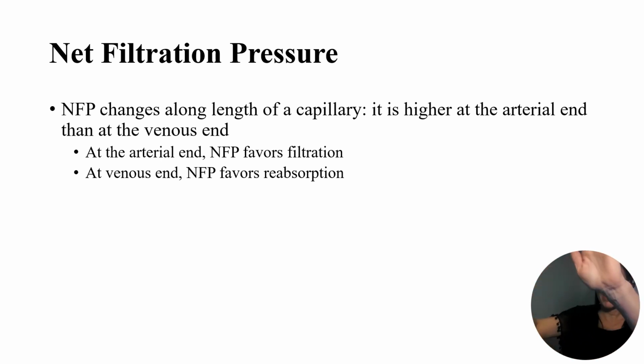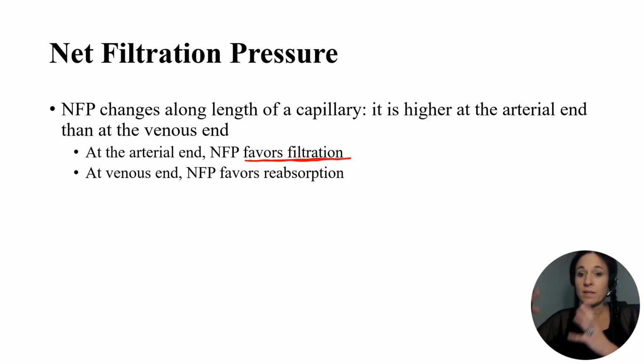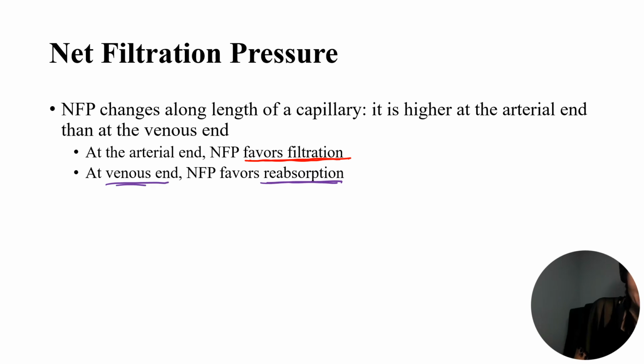So we know that favors filtration, and we know that filtration occurs at the arterial end. Now, as we move towards the venous end, now the pull is greater than the push, so our net filtration pressure is going to be a negative number, and this is going to favor reabsorption, which we know occurs at the venous end.